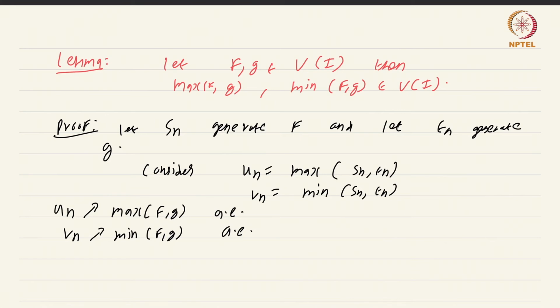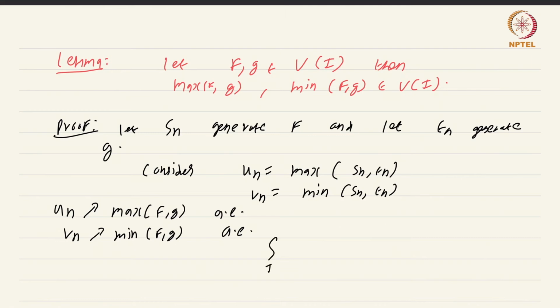Remember, when you say that a sequence generates a given upper function, you will have to first of all show that the limit of the integrals converges. Only then is the limit function even an upper function in the first place. So we know that both un and vn increase to max(f, g) and min(f, g).